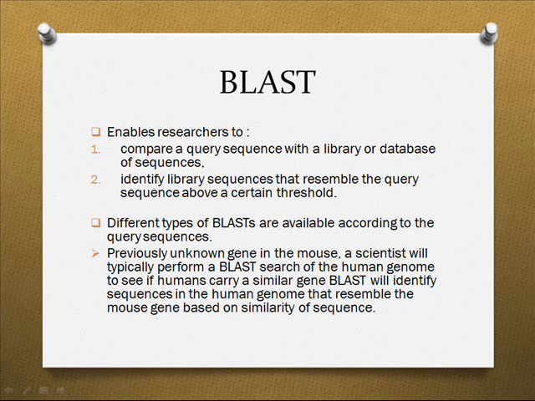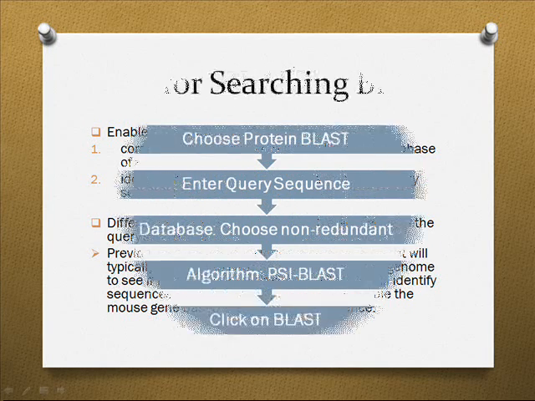For example, following the discovery of a previously unknown gene in the mouse, a scientist will typically perform a BLAST search of the human genome to see if humans carry a similar gene. BLAST will identify sequences in the human genome that resemble the mouse gene based on similarity of sequence.